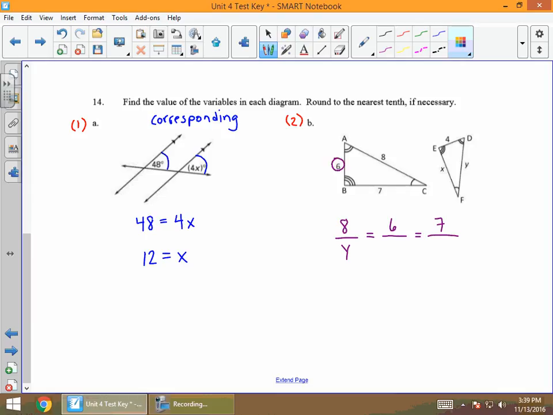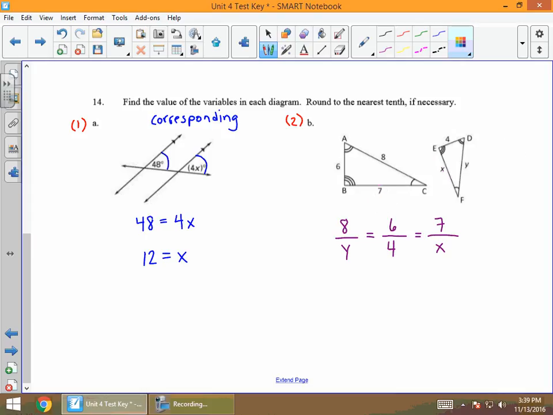So the 6 falls between A and B, which is the 2 mark and the 3 mark. So between the 2 mark and the 3 mark of the second triangle, I have a 4. So 6 will go over top of 4. And then obviously 7, which falls between the 3 mark and the 1 mark. 3 mark and 1 mark will go over top of X.